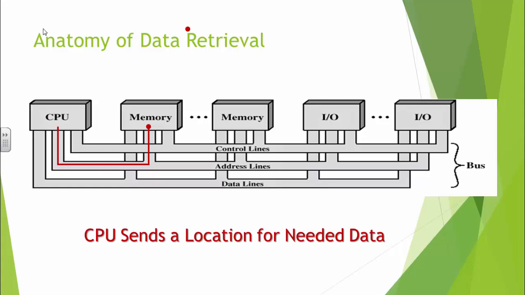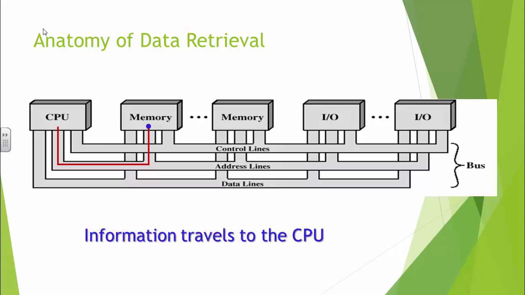And the memory recognizes that the information contained in that address is required, and it then sends that information back to the CPU. So the contents of that location in RAM is sent back to the CPU through the data lines. So hopefully this should make it a little more clear how this system works.